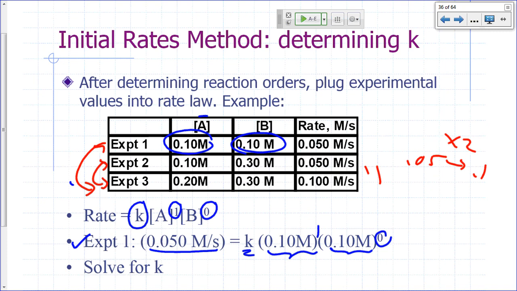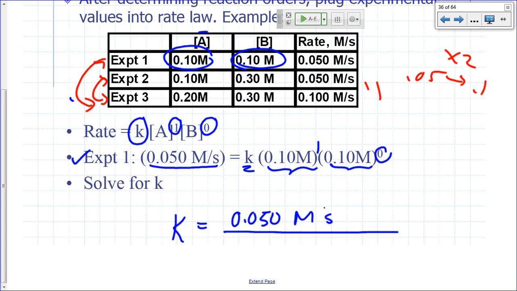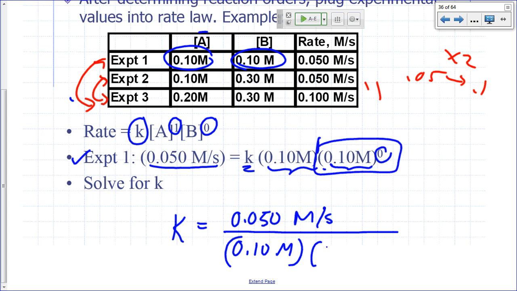How do we solve for K here? We say K is equal to 0.050 moles per liter per second, divided by 0.10 molarity, moles per liter, times, what's something raised to the power 0?